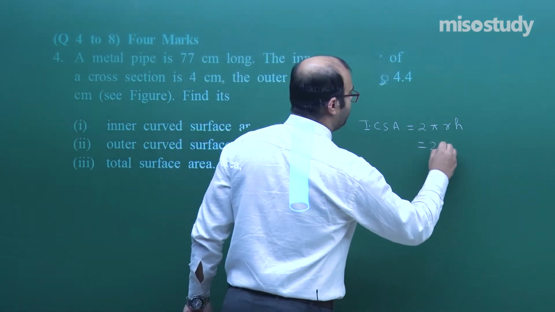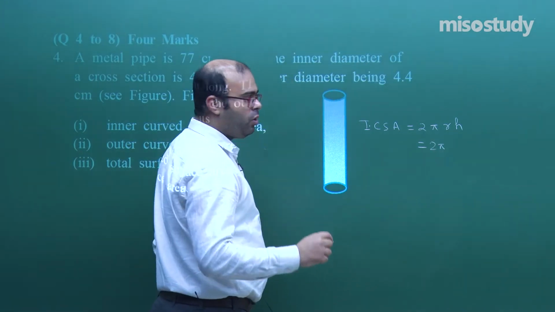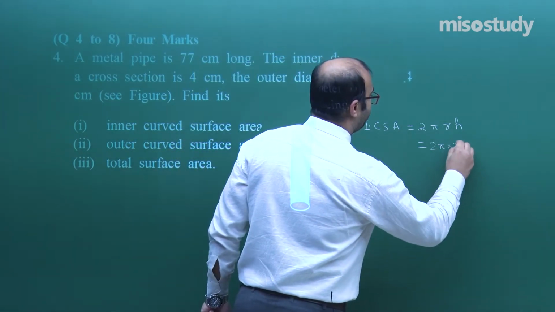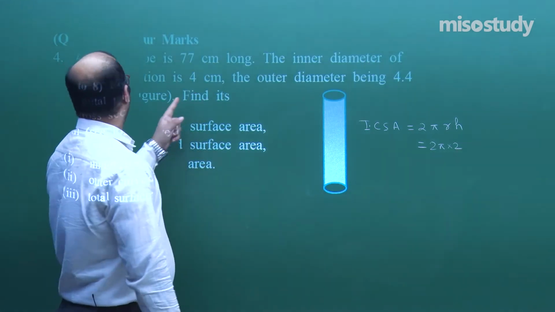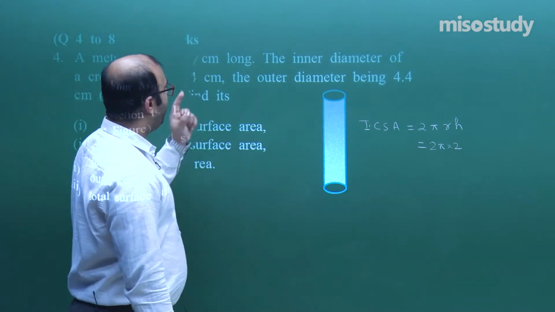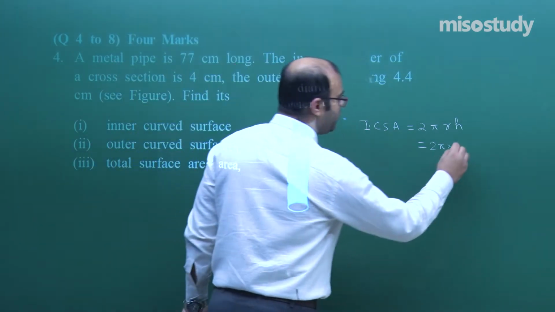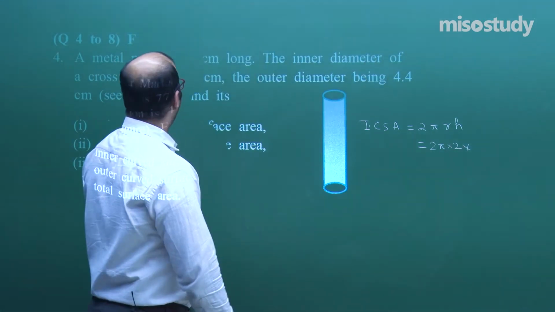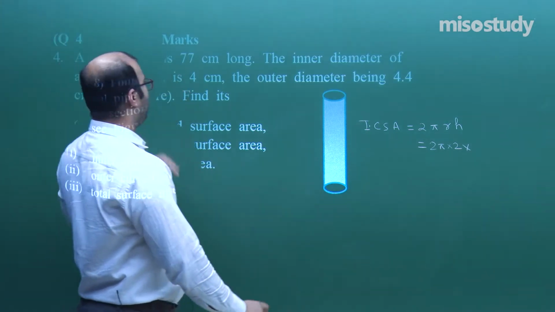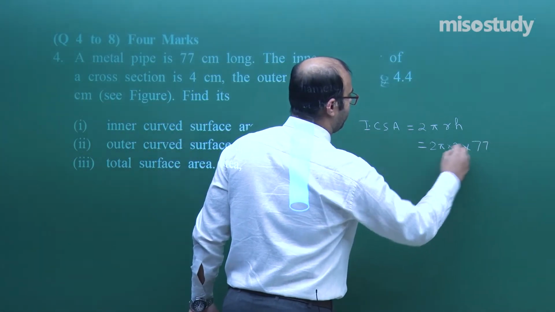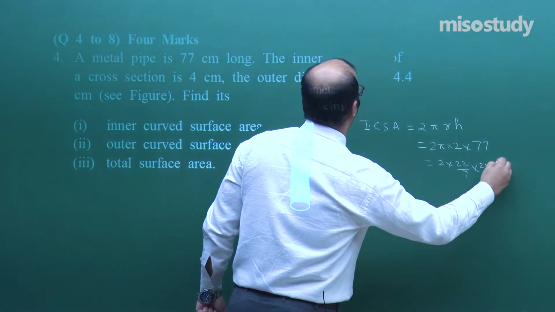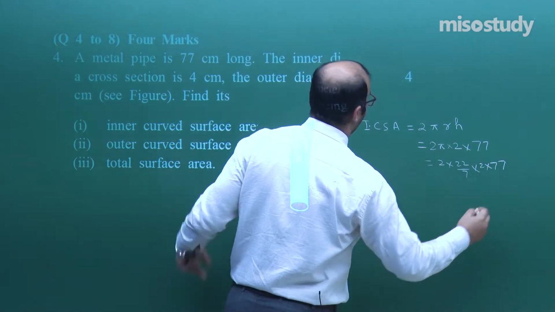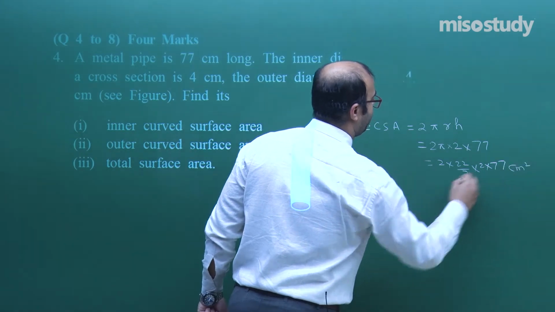So, inner radius is going to be half of 4, that will become 2 centimeter. This is the cross section of the inner diameter, into height, and height is given to us as 77 centimeter long. So, this is 2 into 22 by 7 into 2 into 77, and the units are in centimeter, so we will say centimeter square.